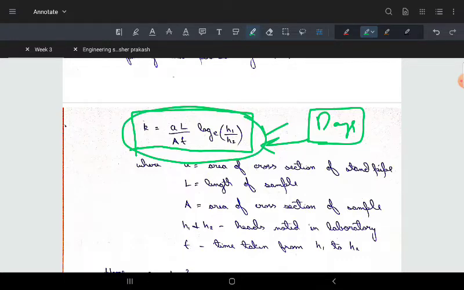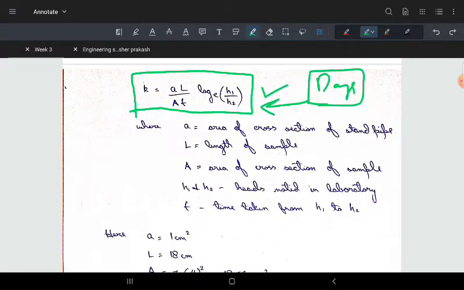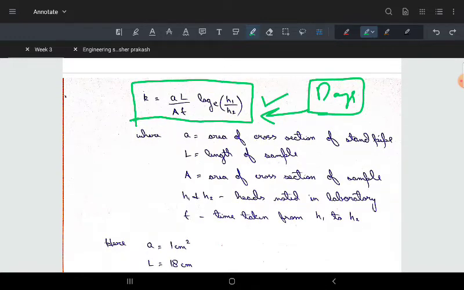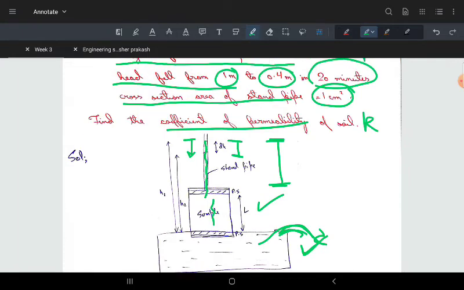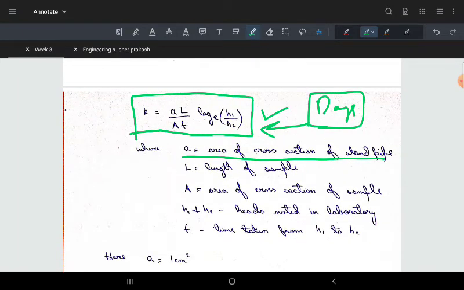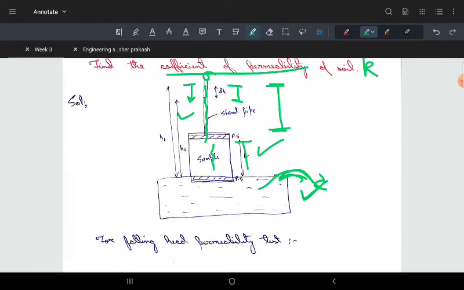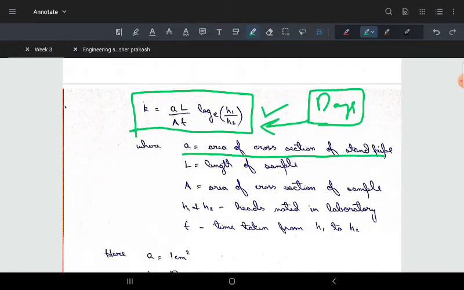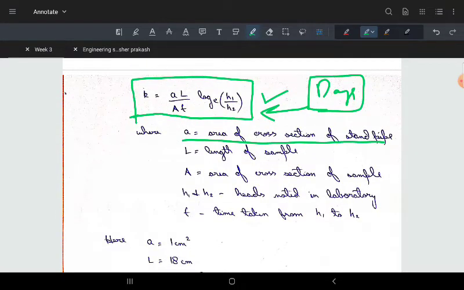Let me explain the various terms here. a is the area of cross section of the standpipe. L is the length of the sample, the whole length from this to this. A is the area of cross section of the sample.